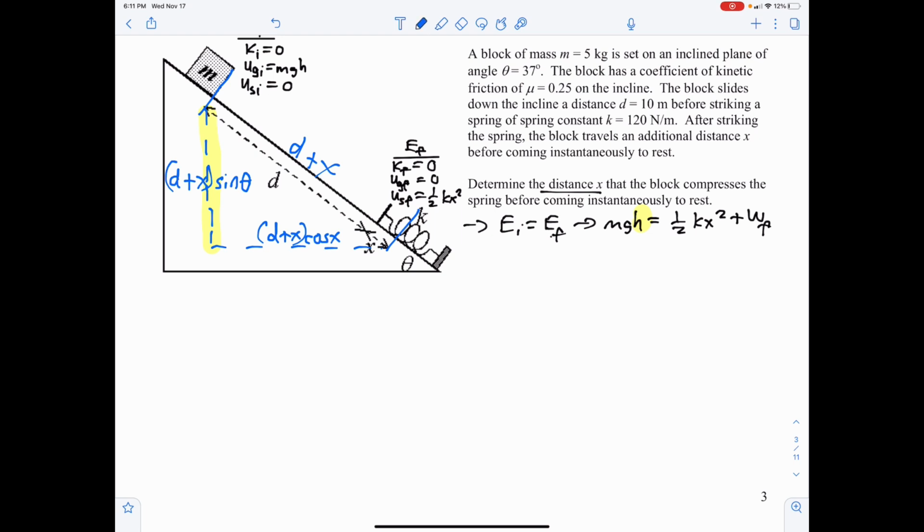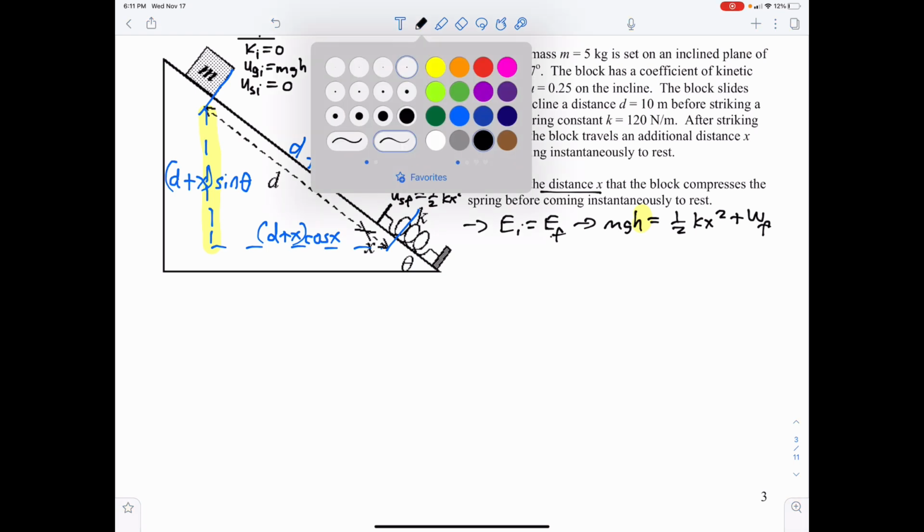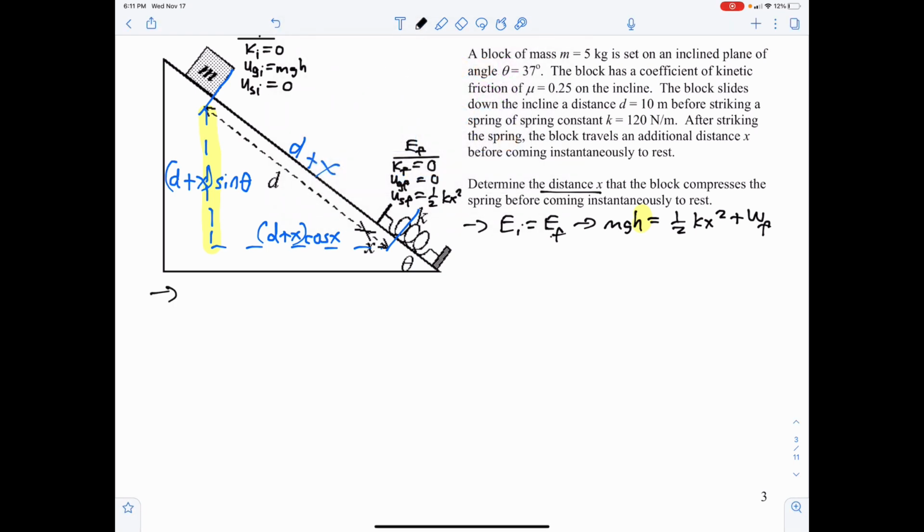So I'm going to rewrite this as mg, but then times the height would be d plus x sine theta. That's going to equal the 1/2 kx squared, that's already there. And we're also going to substitute for the work done by friction.